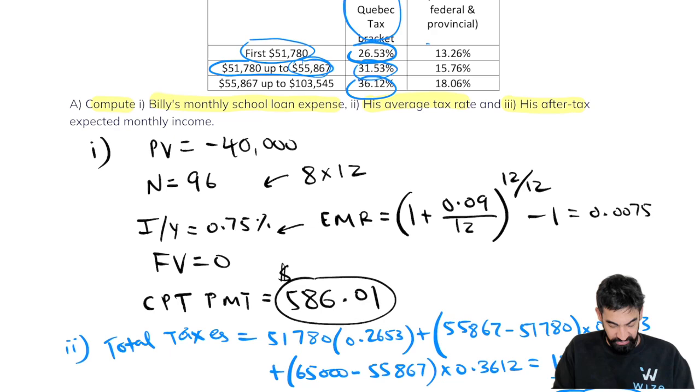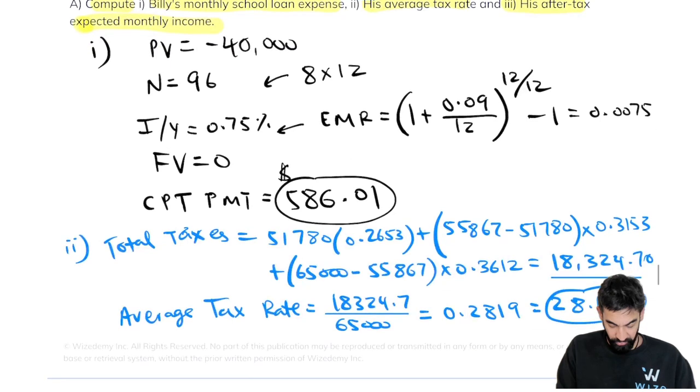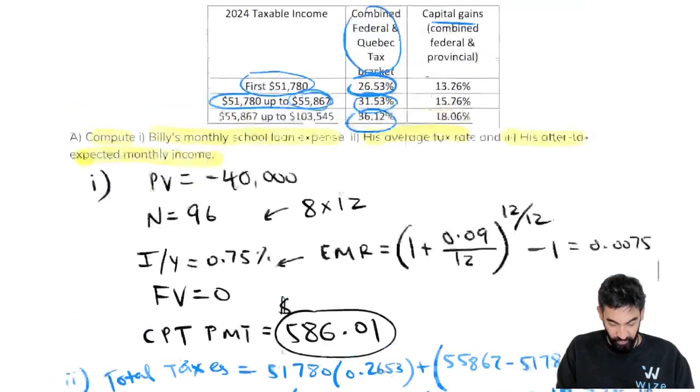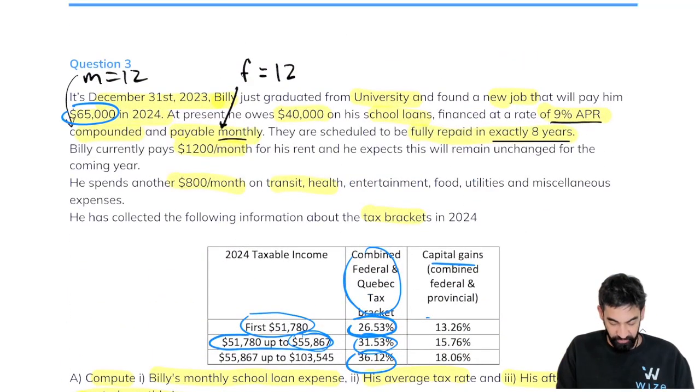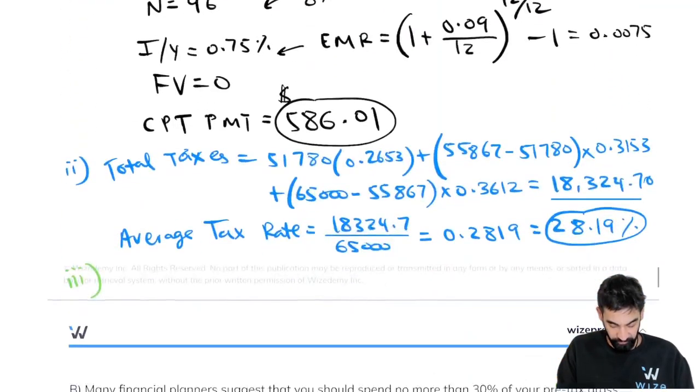Part 3, it says his after-tax expected monthly income. So what is his monthly income? Well, you take his total income and then divide it by 12.